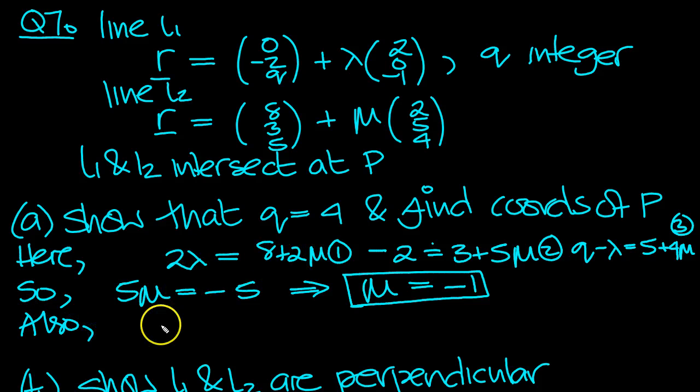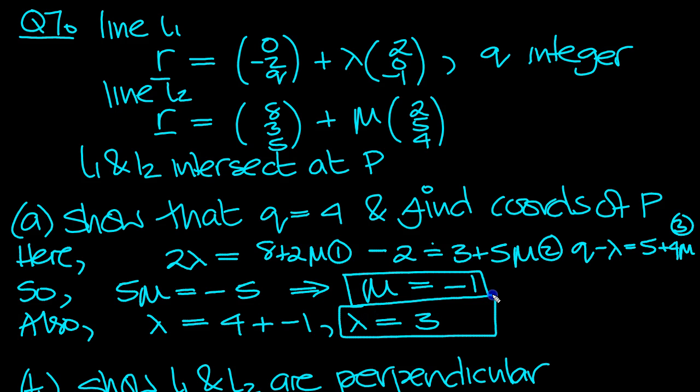And here 2 lambda. Oh, there's a 2 common here, here and here, isn't there? So we can just write lambda and divide by 2 all the way through. 4 plus mu. Mu is minus 1. So lambda is equal to 4 take 1 is 3. So there's lambda. And now we also want q, don't we?